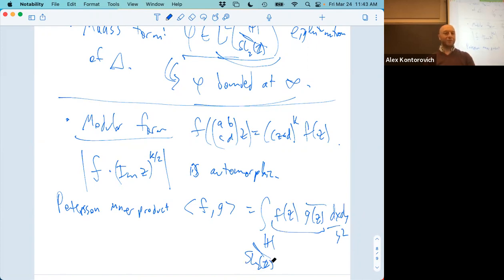I can't form this quotient. So Petersson says, just stick in the imaginary part of z to the k, where k over 2 of them go to f, k over 2 of them go to g. They come with complex conjugates. So this thing is invariant. This thing is automorphic, and hence can be thought of as an L2 space. So that's a weight k L2 space.